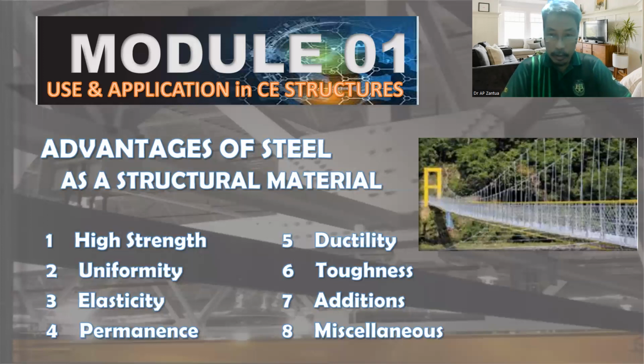Because it is strong in compression, you can expect that it is also similarly strong in tension. These are the disadvantages of the other types of construction material like wood and concrete.